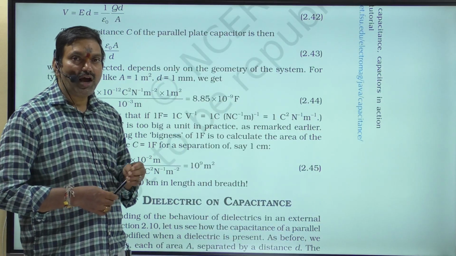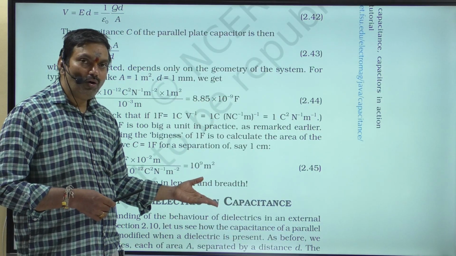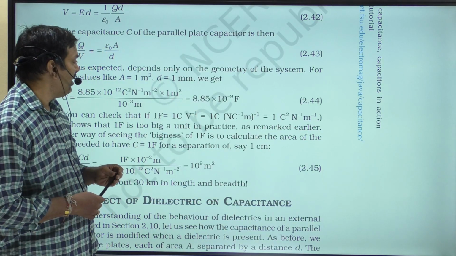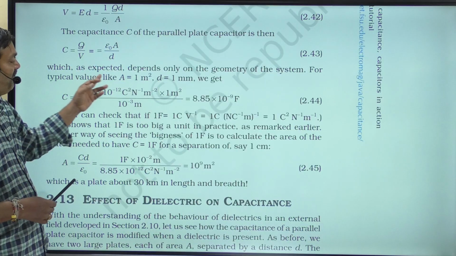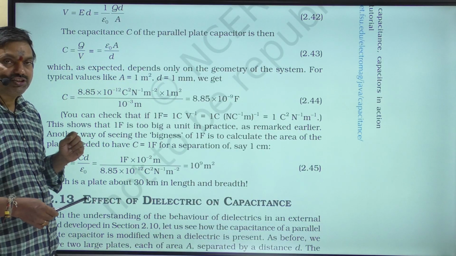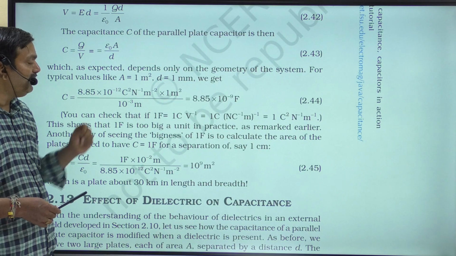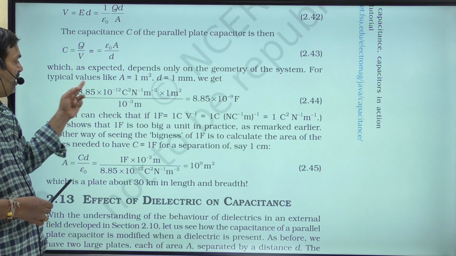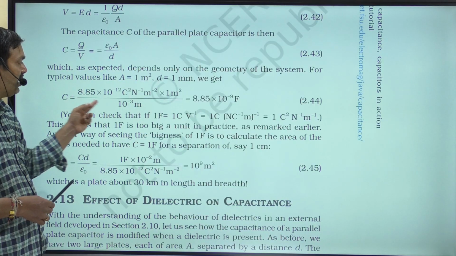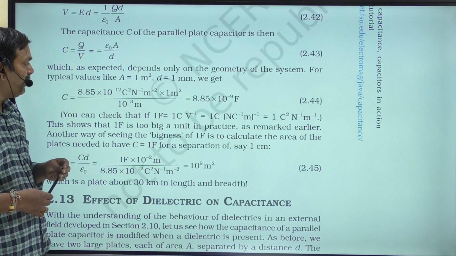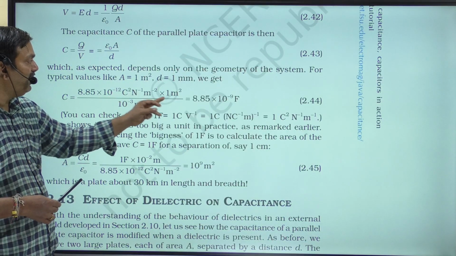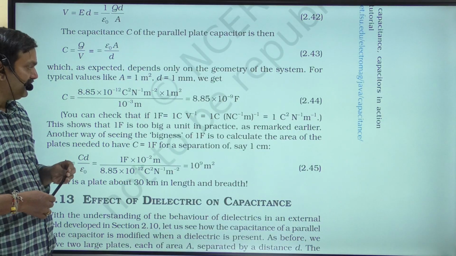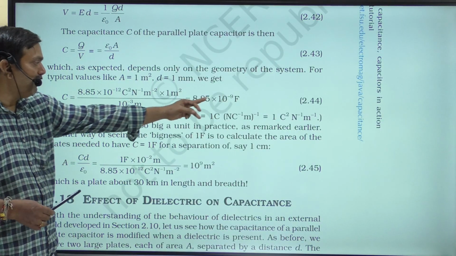Farad is a nominal unit; lower units like microfarad and picofarad are also there. By substituting epsilon naught as 8.85 into 10 power minus 12, into A as 1 meter square, by D, converted into meter, as 10 power minus 3, you get 10 power minus 9.